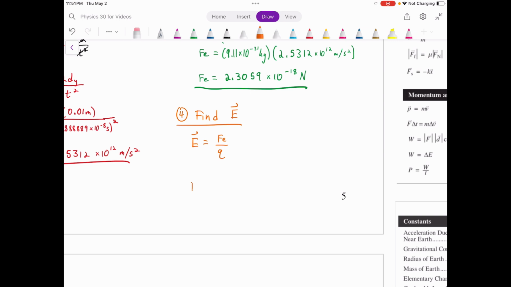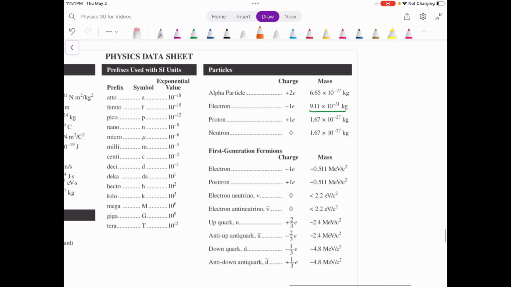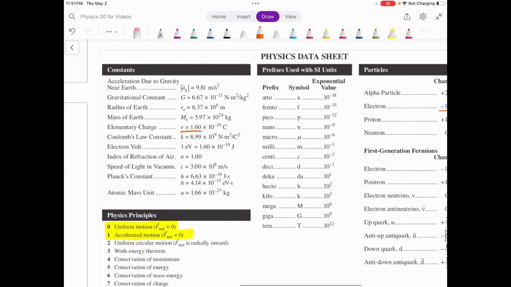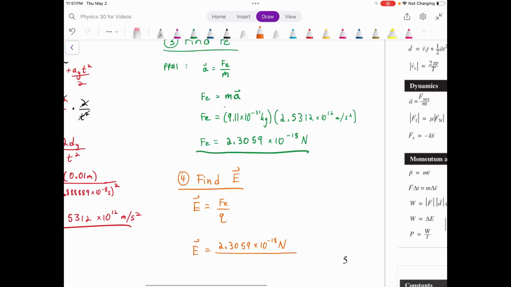So we now know that the electron felt a force of 2.3059 times 10 to the negative 18 newtons. And it has a charge of, again, from the back of your formula sheet, negative 1e, and e is just 1.6 times 10 to the negative 19 coulombs.